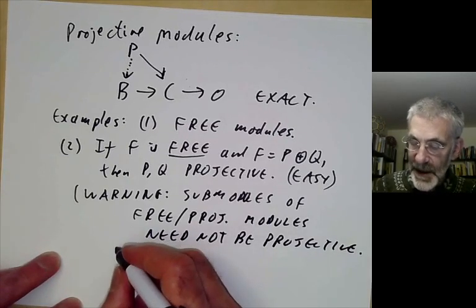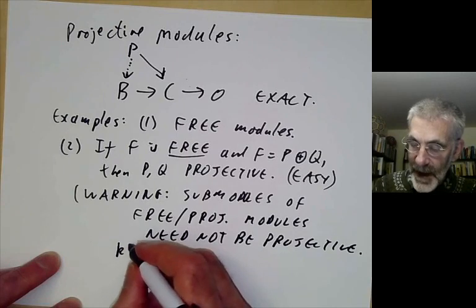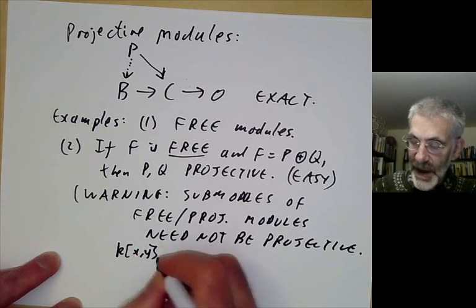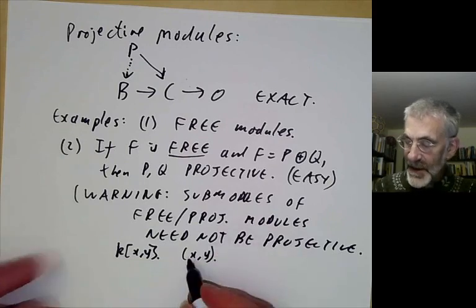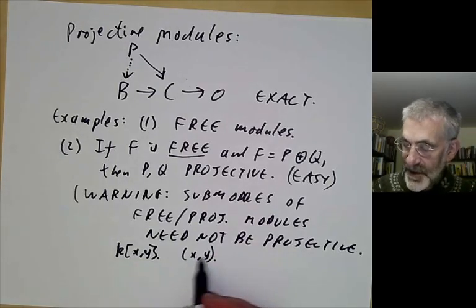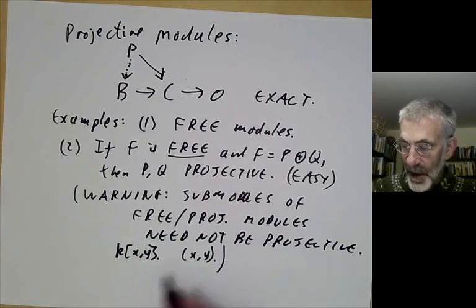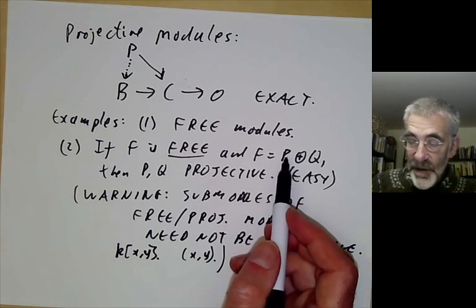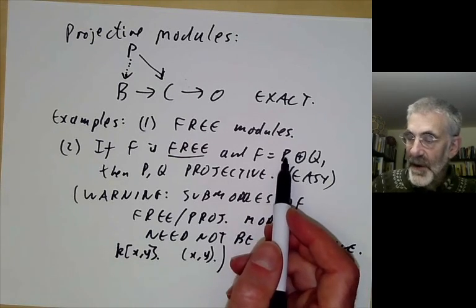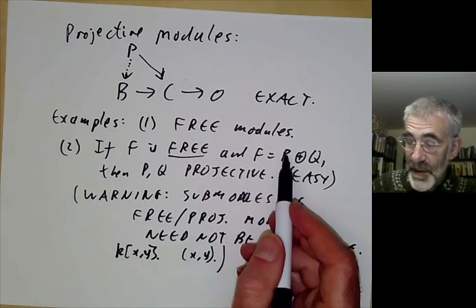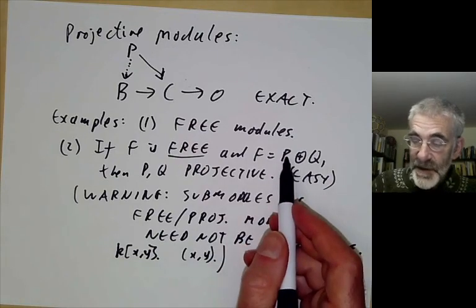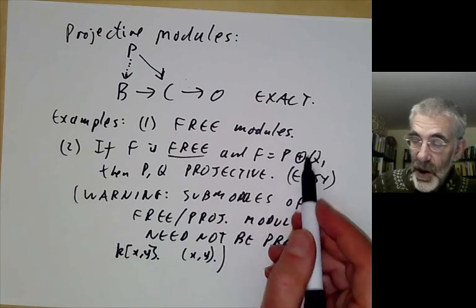For example, you can just take the ring k[x,y], and then a submodule that's not projective is the ideal generated by x and y. But anyway, in order for a submodule of a free module to be projective, it needs not just to be a submodule, but it must have a complement.